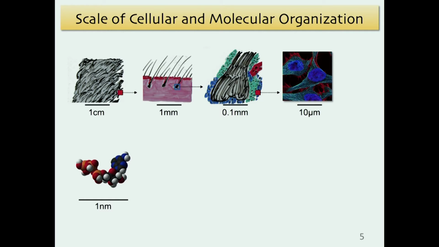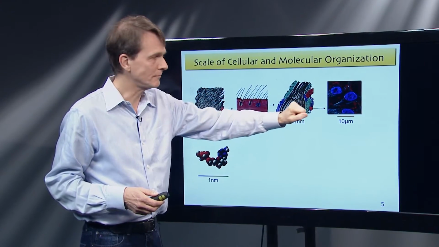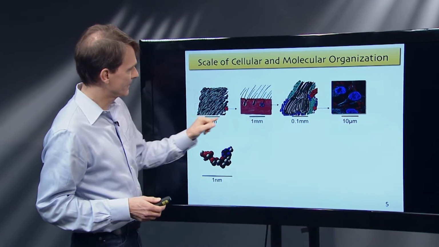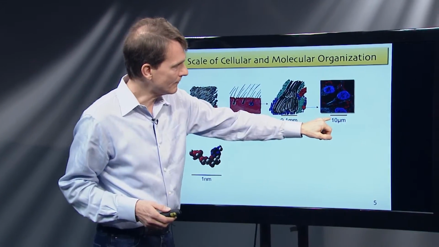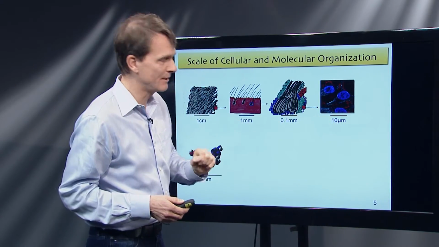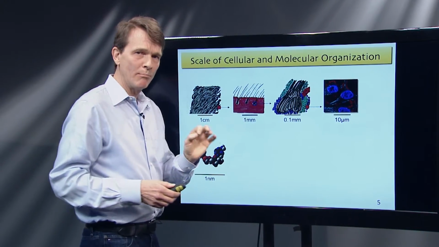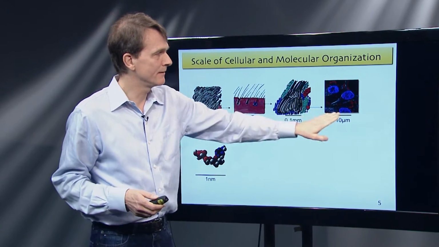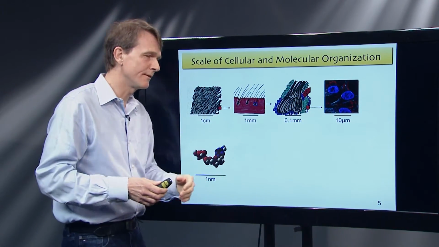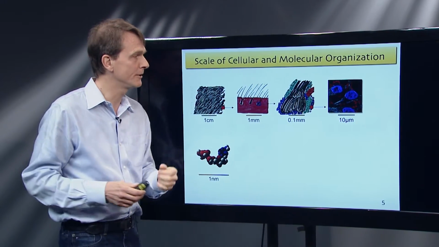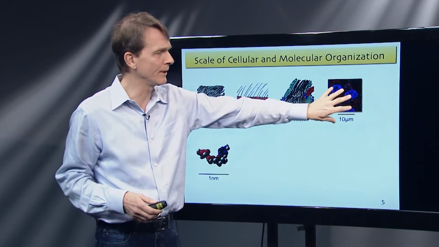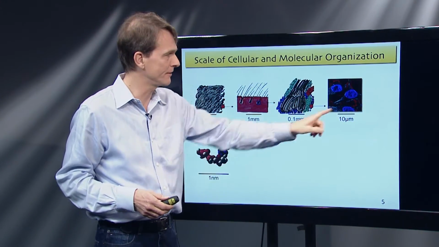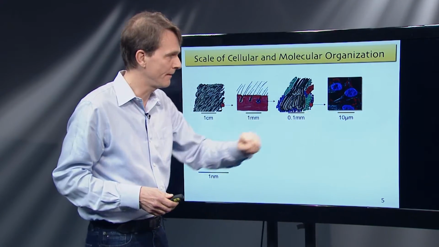Zooming in another 10-fold, we get to the level of cells themselves. So this is 1 centimeter. This is 10 millionths of a meter. And I want to pause here for one moment and explain the scale of cells, because cells are the fundamental unit of biology. And I think we want to have a fairly good quantitative understanding of that scale right there.